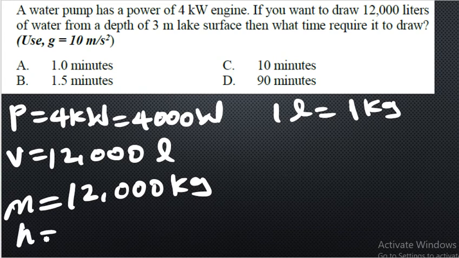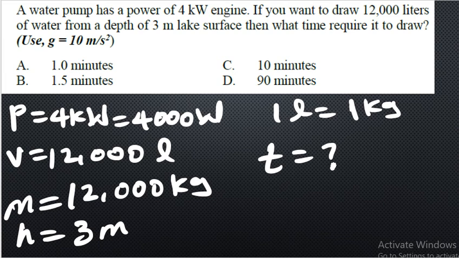And the height is also given. It says 12,000 liters of water from a depth of 3 meters. The depth of the well is given to you, 3 meters. That is the height. Then what is the time required? We need the time. First of all, try to recall the formula.